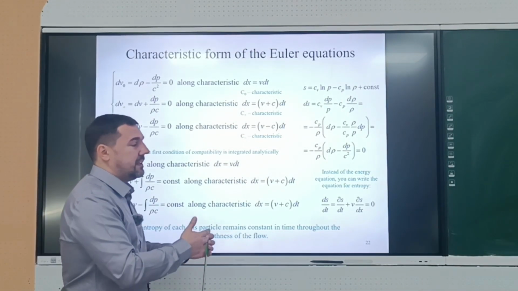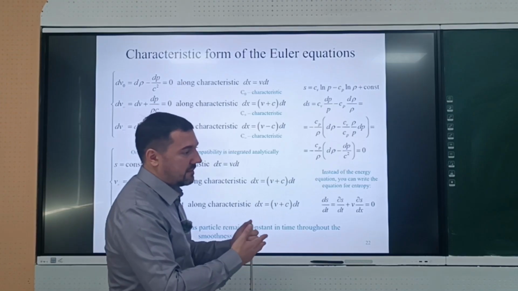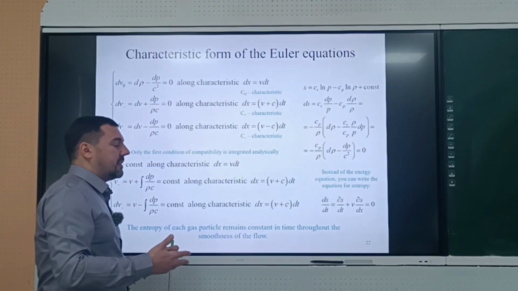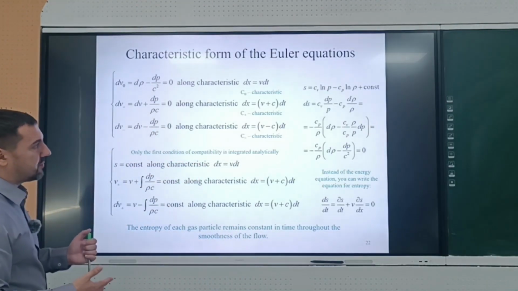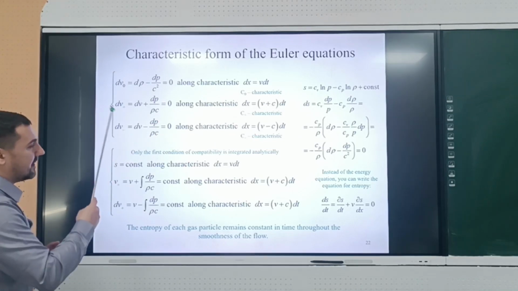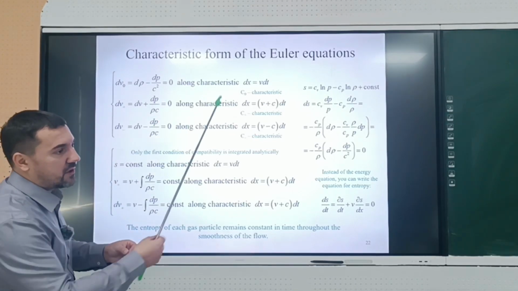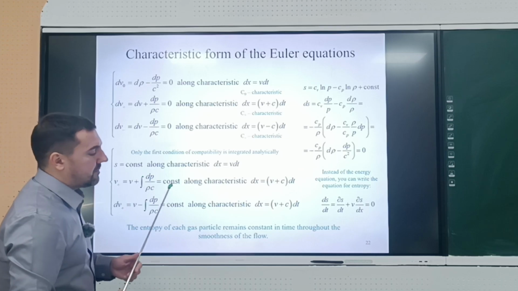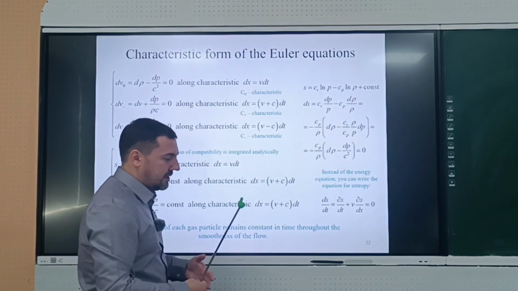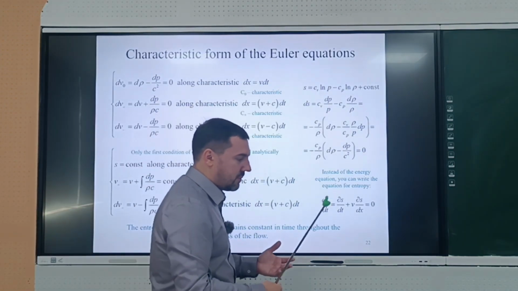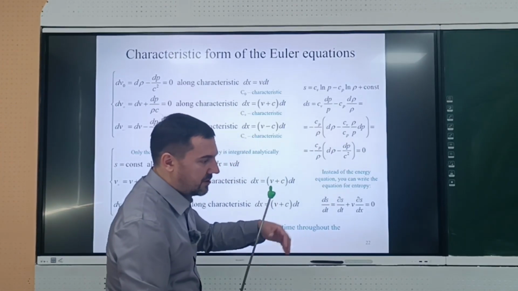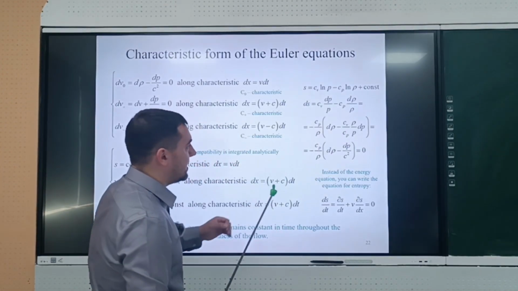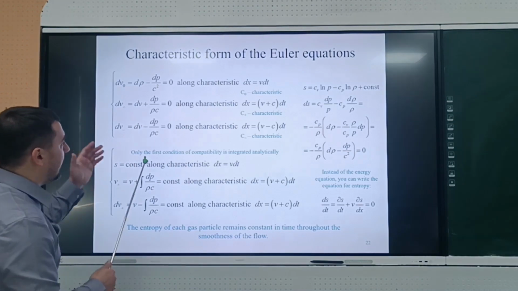When we have the full set of characteristics, the solution is that the Riemann invariant is constant along its characteristic. For the linear case, we can integrate our system separately for each Riemann invariant along each characteristic. We can say the same thing here.